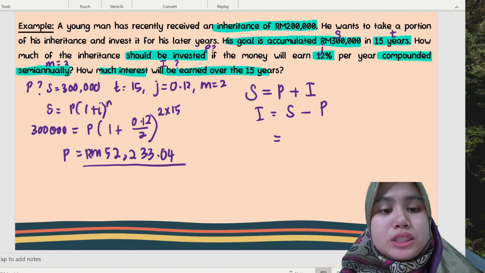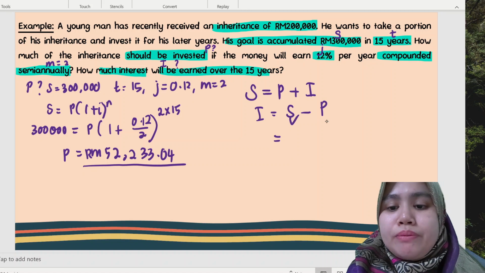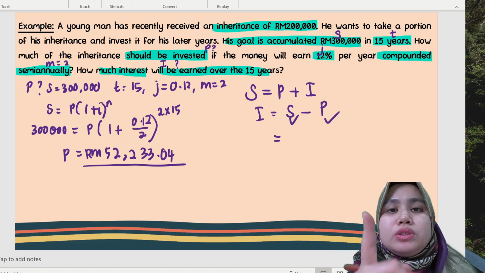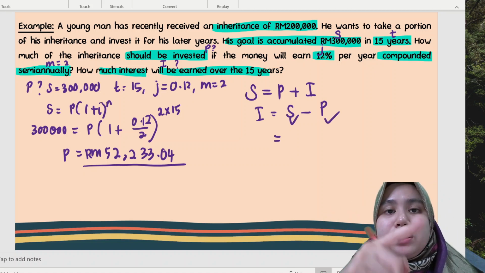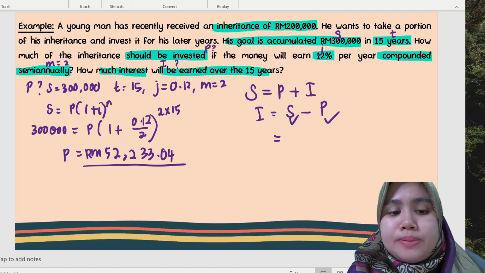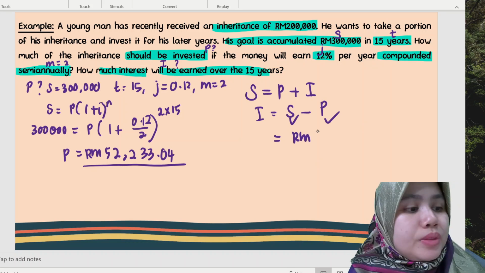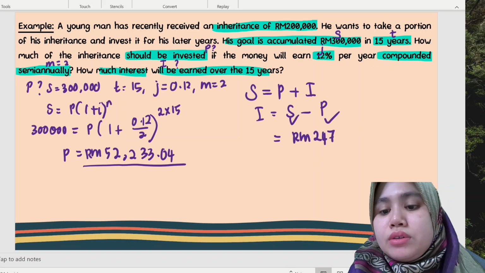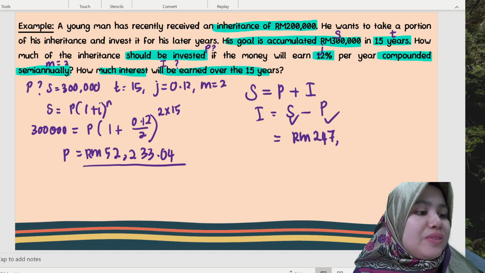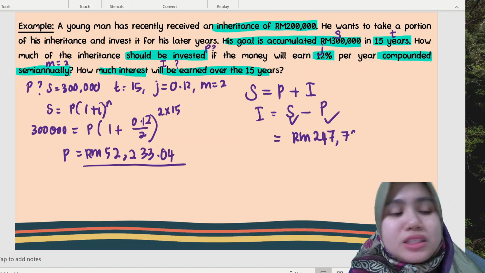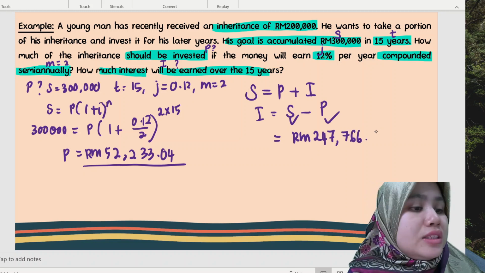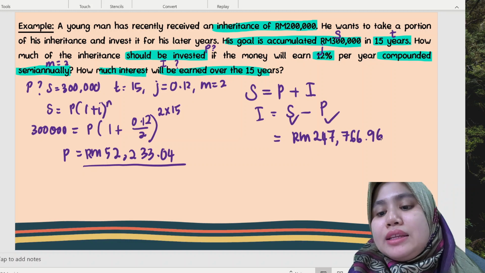Okay, so just take out, you have S, you have P, put the values, okay, put on your lecture books, guys. So at the end you will have RM247,766 ringgit 99 cents.